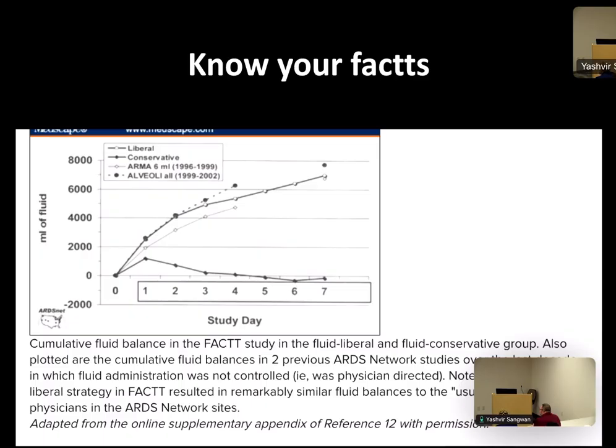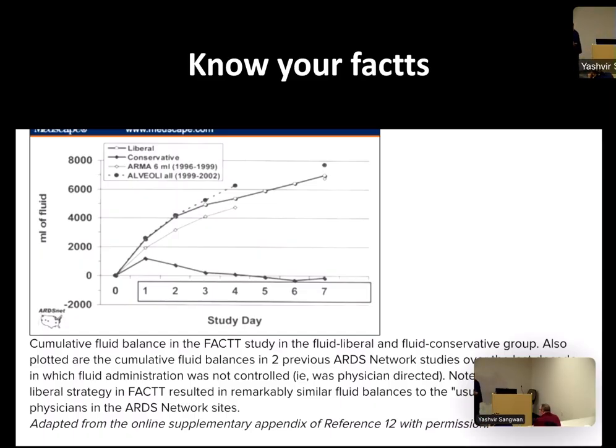Right? So first of all, when you quote a study, quote it completely. In the FACT trial, if you were on Levophed, you had to be off Levophed for 12 hours before you got Lasix. In the FACT trial, if your creatinine bumped by 0.3, you were not given Lasix. And more than that, when you actually look at the FACT trial, it seems that nobody was getting diuresed.